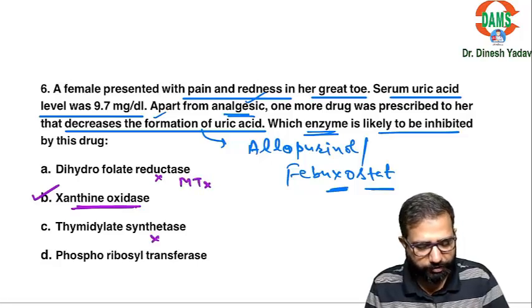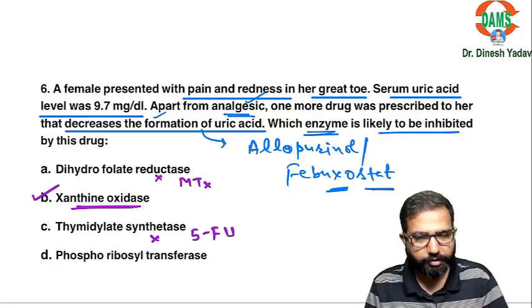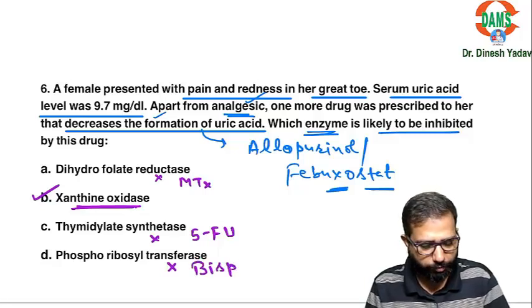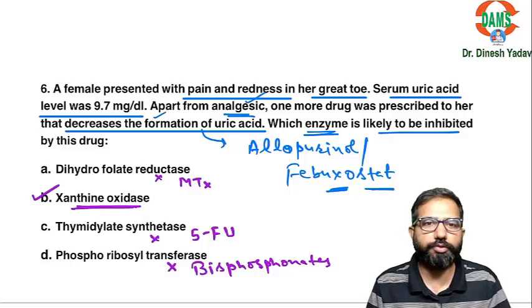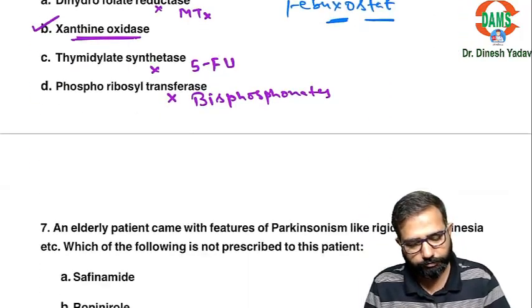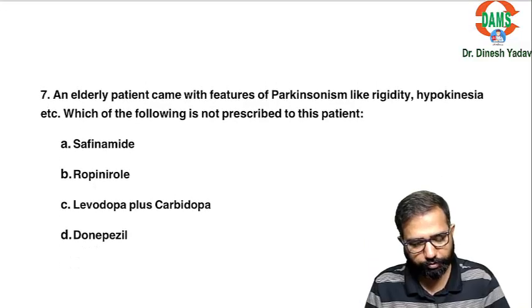Thymidylate synthetase, that is for 5-fluorouracil, anti-cancer medicine. Phosphoribosyl transferase, that is for bisphosphonates. Bisphosphonates are the drug for osteoporosis. So out of this, xanthine oxidase inhibition is true about the gout patient. They are the drug of choice for gout.